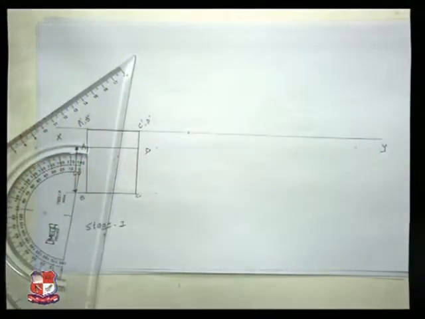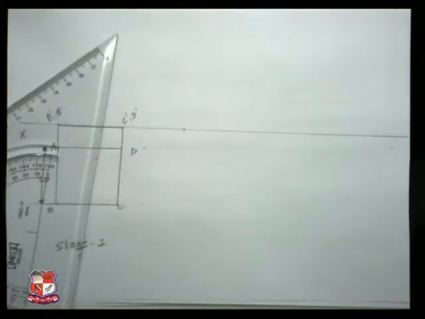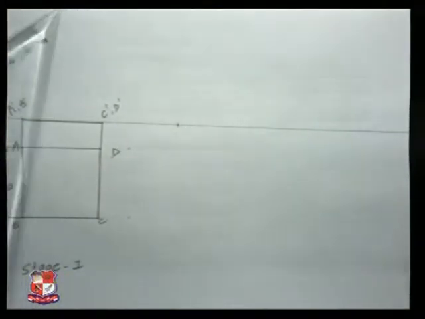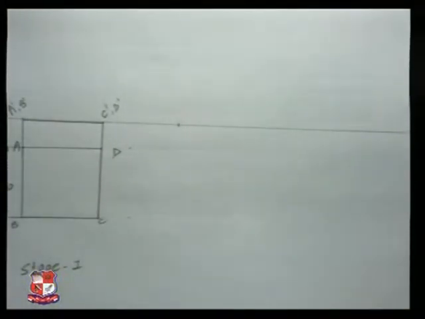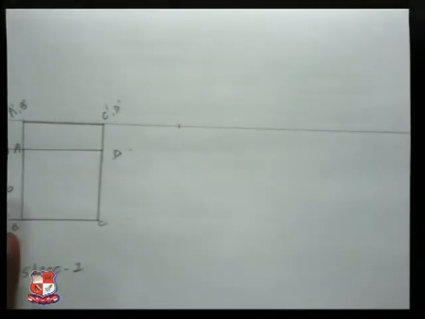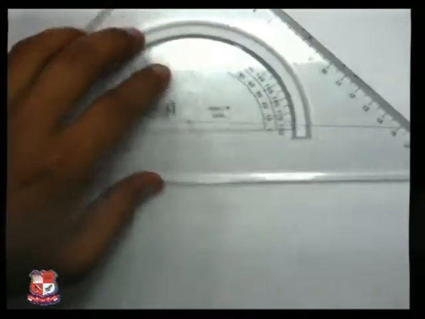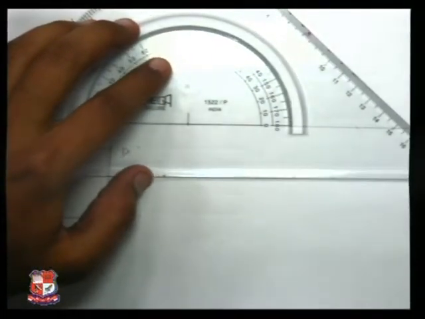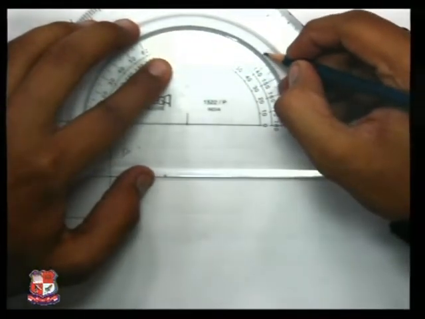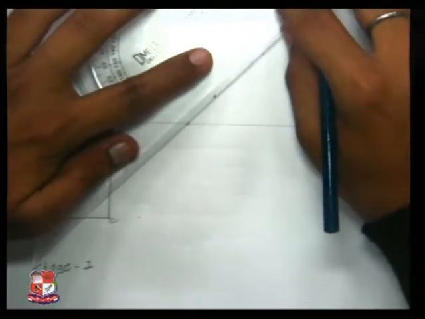Now further, we are taking projections with HP into consideration. The angle with HP is given as 45 degrees. Hence I am drawing a reference line at 45 degrees.